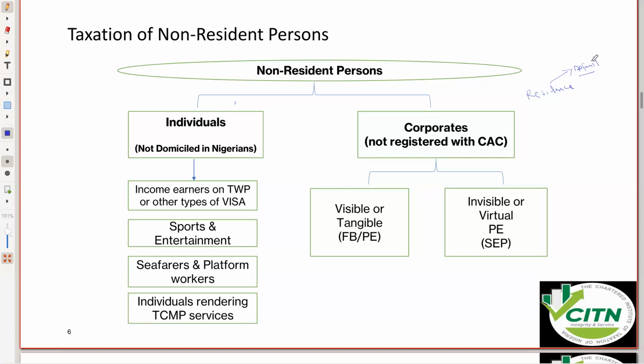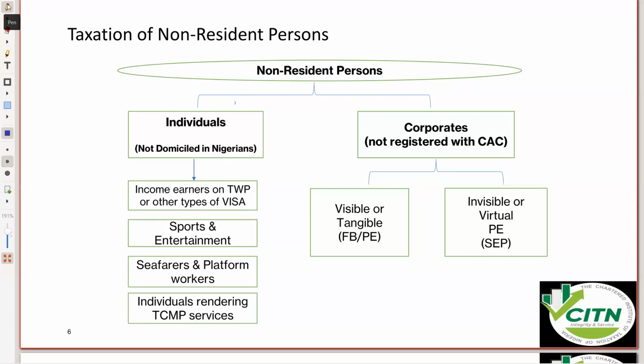And that is where international tax is mostly focused, on non-resident persons. Now, when we say non-resident person, it's important to know that there are two broad groups. One is individuals, and the second is corporations, businesses. By individuals, we mean that the person that is earning money from Nigeria is not resident in Nigeria.